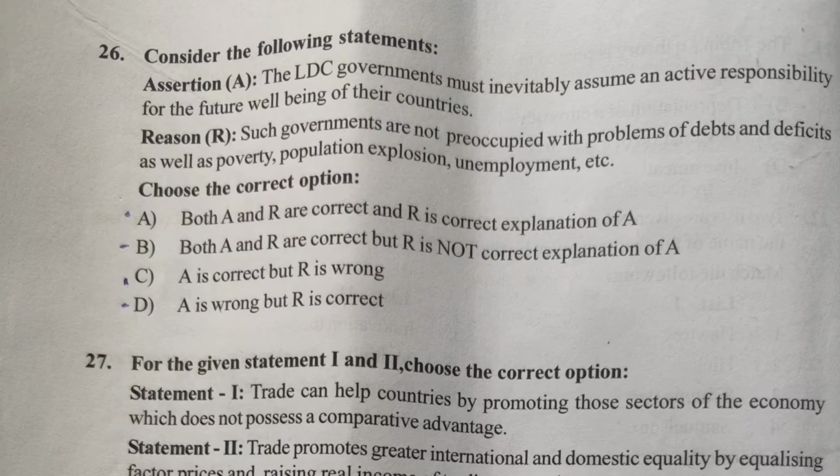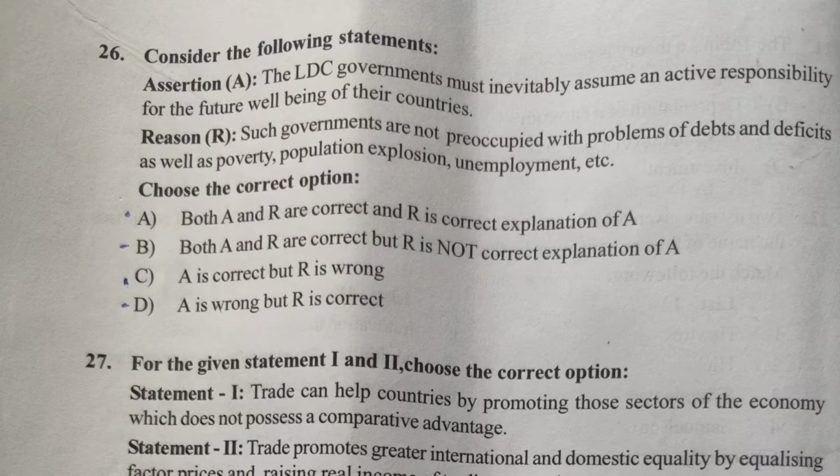Then we have the next question on the LDCs. The assertion: the LDC governments must inevitably assume an active responsibility for the future well-being of their countries. Yes, least developed countries should take the responsibility for the future well-being of their countries.